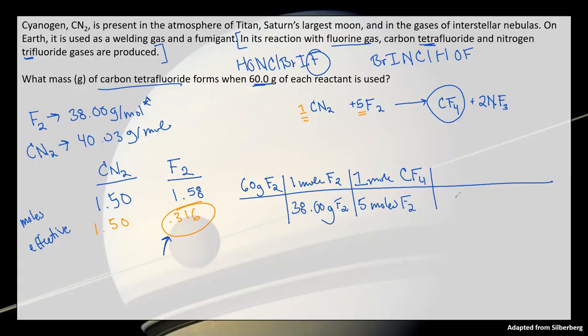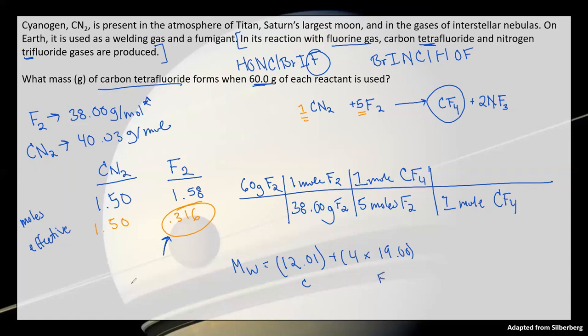And then we have one final problem figuring out what our molecular weight is. 1 mole CF4, and then the molecular weight of CF4 I don't have on hand, but that's okay, we can fix it. 12.01 for carbon plus 4 times 19 for the contribution of our 4 fluorines.